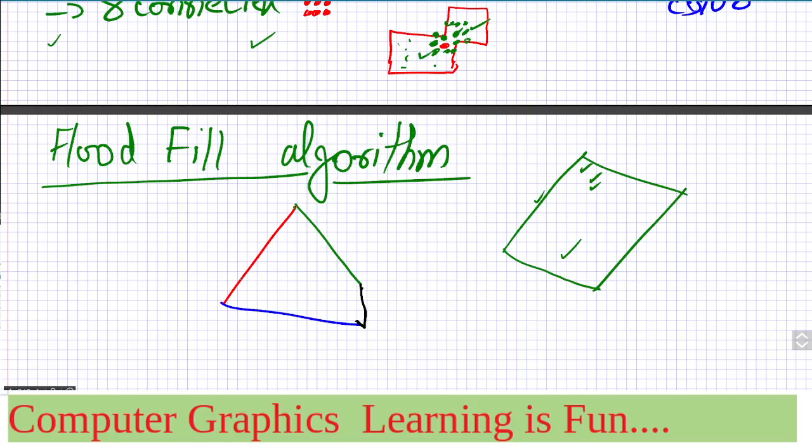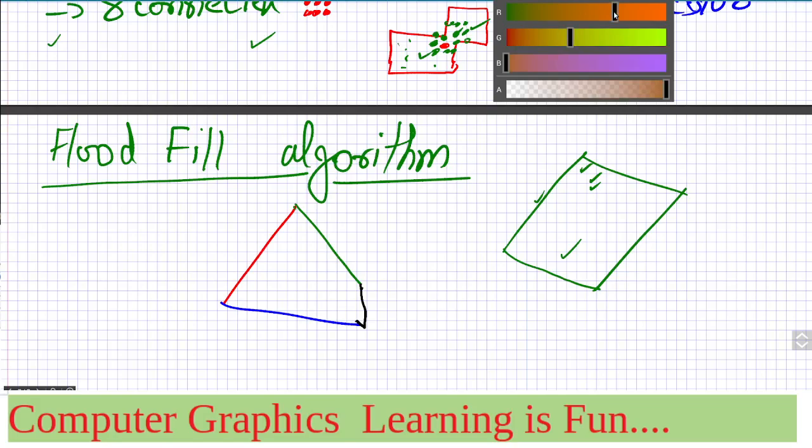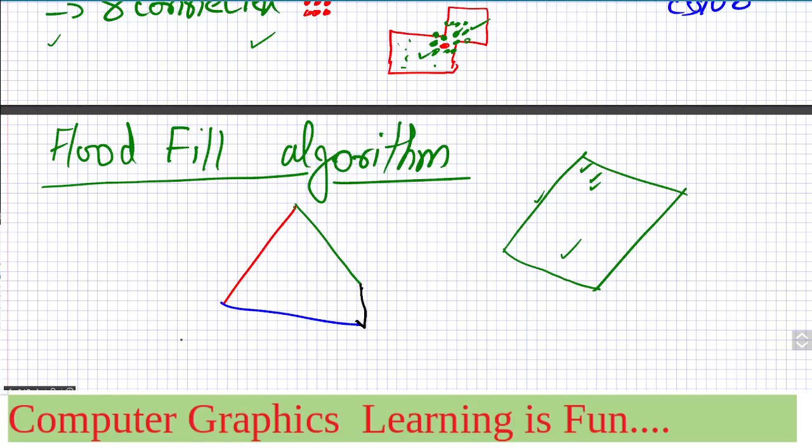So different boundaries have different colors. However, the interior has a different color.